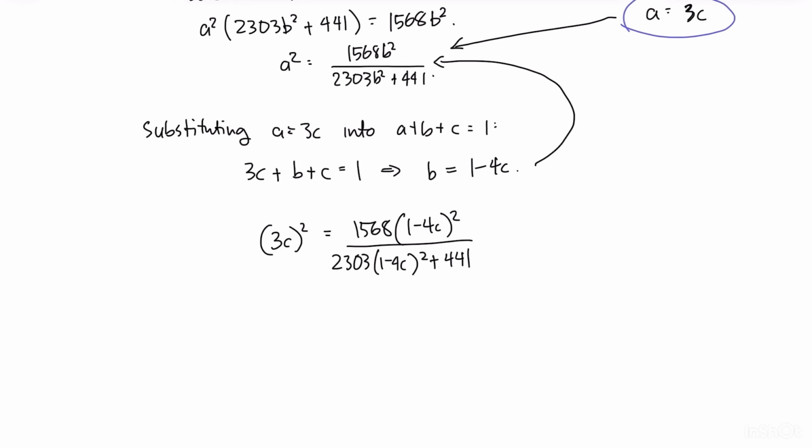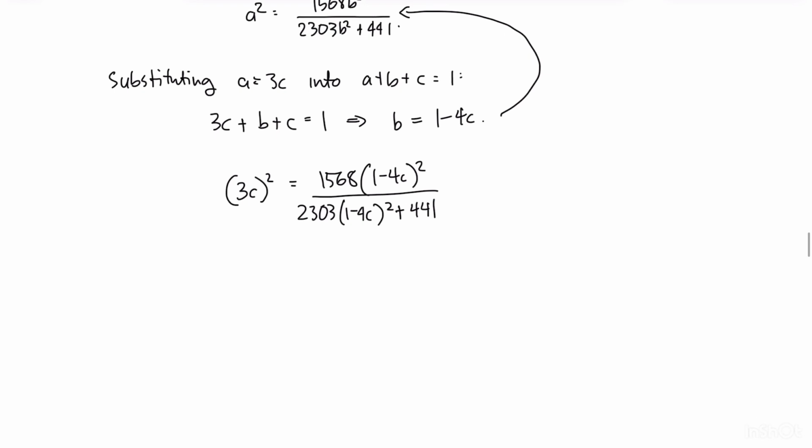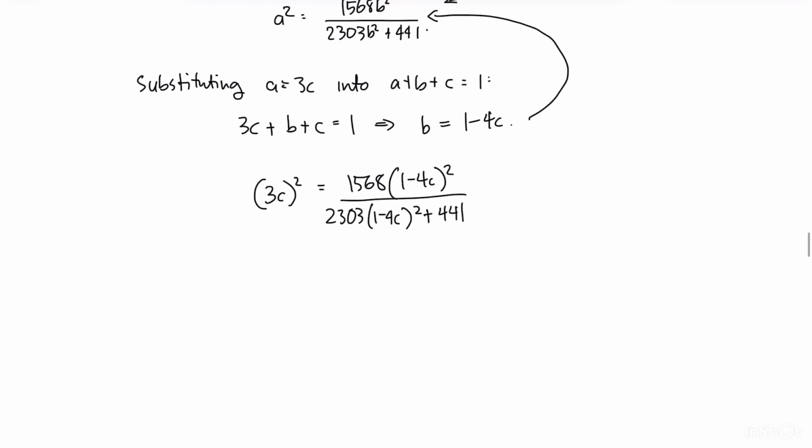Now this is gonna take a lot of algebra, but just cross multiplying the left and right hand side, we're gonna get 9c squared times 2303 times the quantity 1 minus 4c squared plus 3969 c squared, which is equal to 1568 times 1 minus 4c squared.